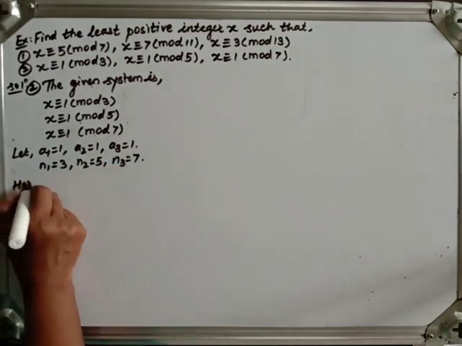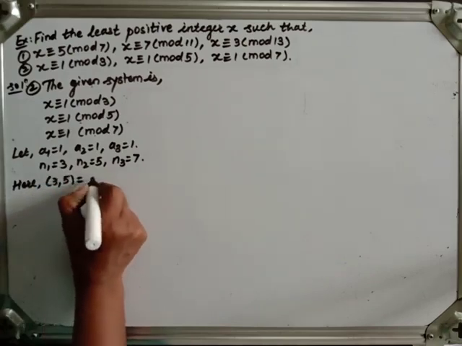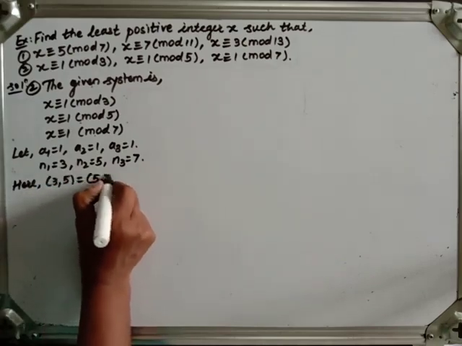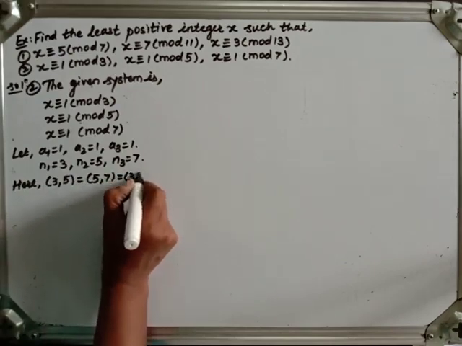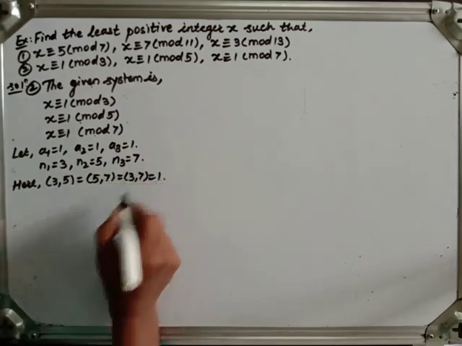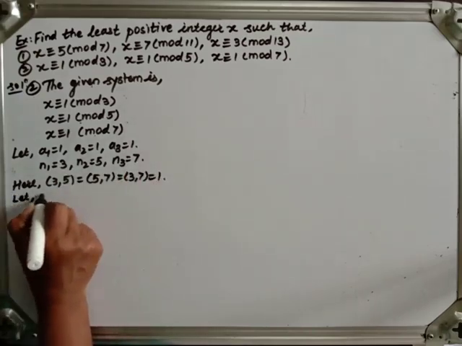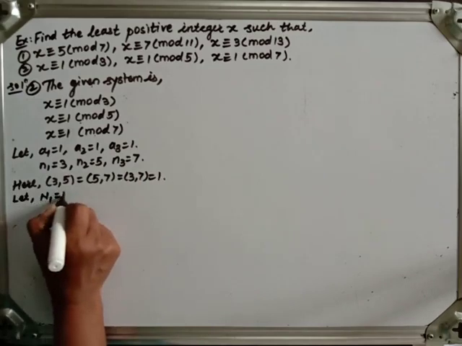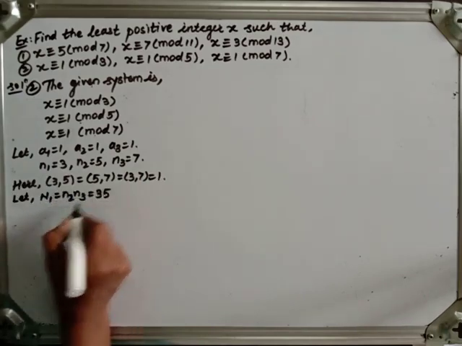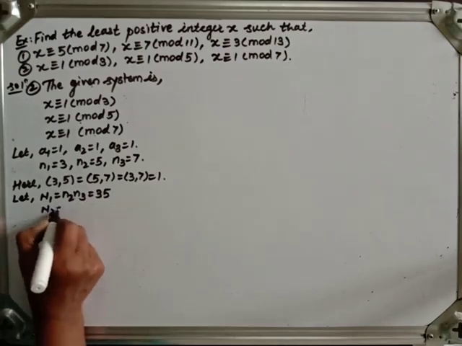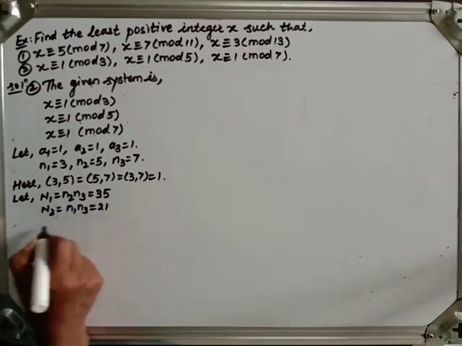Here the pairs 3 5, 5 7 and 3 7 are relatively prime. So we can easily apply the Chinese remainder theorem. So let N1 be n2 n3, it is 35. N2 is n1 n3, it is 21.